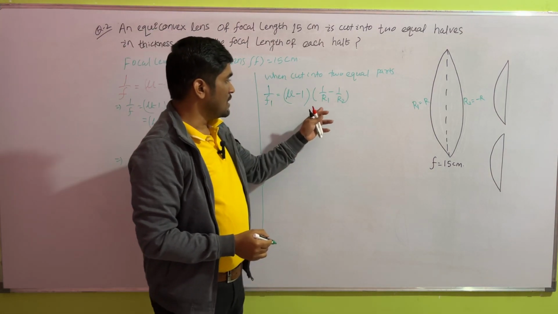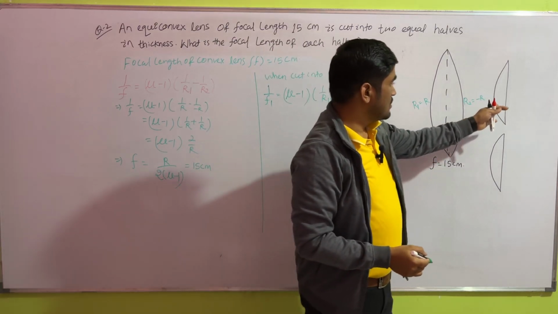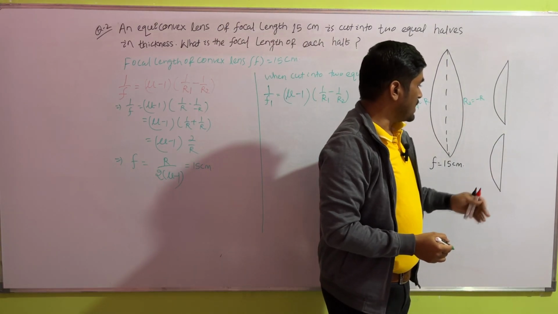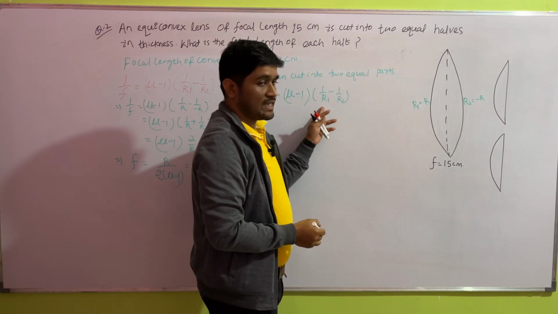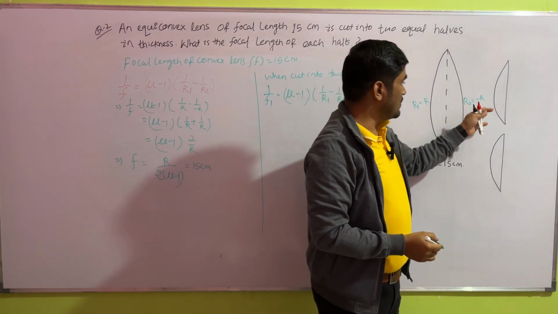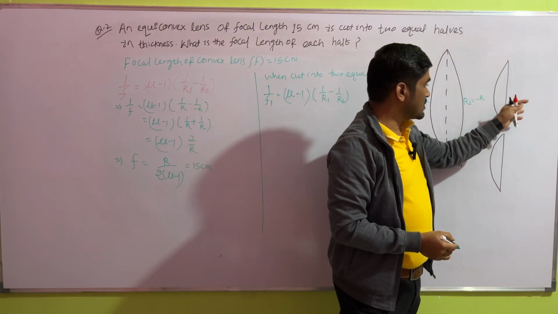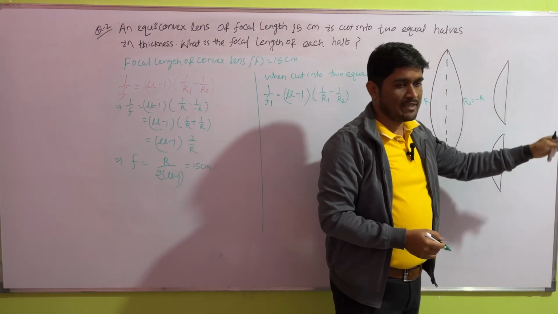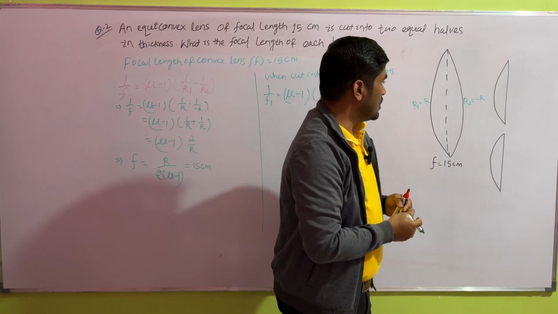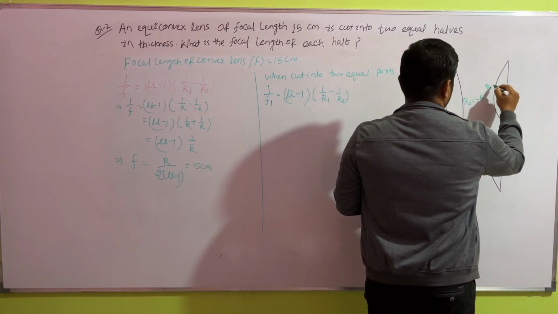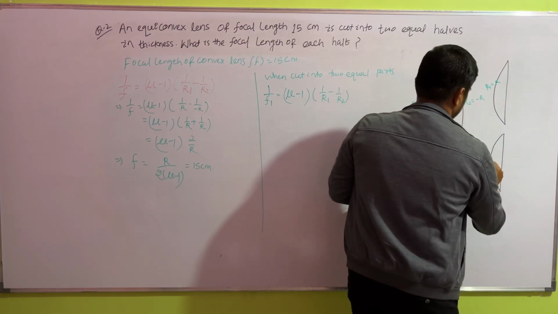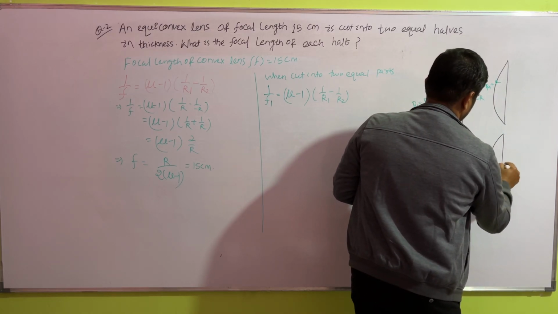Clear? For both the parts, the first radius of curvature will be r, because the center of curvature and focus both lie right of the optical center. So here r1 equals r, here also r1 equals r.